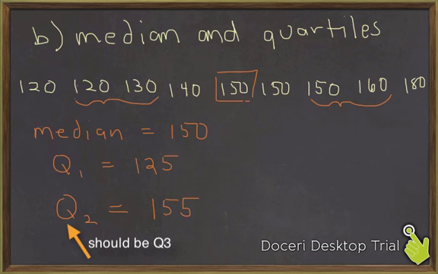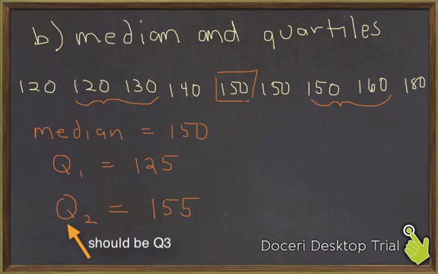Now, let me say this about this data set. There are some books, and I believe that our calculators are programmed to take the median and use that in the first half of the data set and in the second half of the data set.